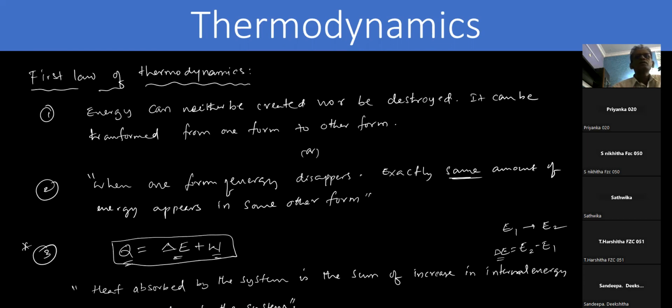Or if you are taking infinitesimal changes, means there is a small change in heat, a small change in E, and a very, very small change in work, then we say infinitesimal change. To apply to infinitesimal changes, we can write the equation in another form. That is dq equals dE plus dW.